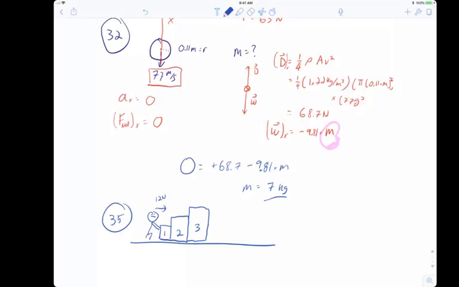How much force does the 2 kilogram block exert on the 3 kilogram block? So I want that force on this boundary, on the 3 kilogram block, and how much force does the 2 kilogram block push on the 1 kilogram block? Those are the questions.